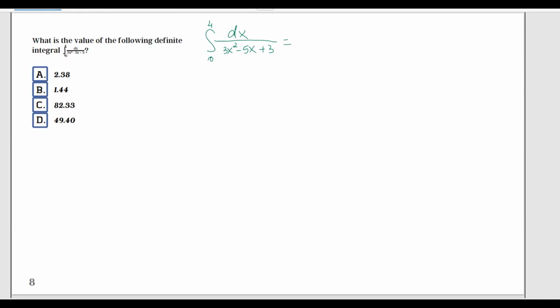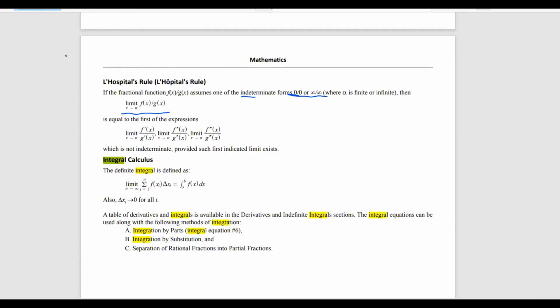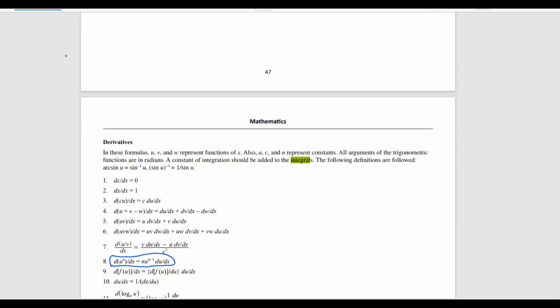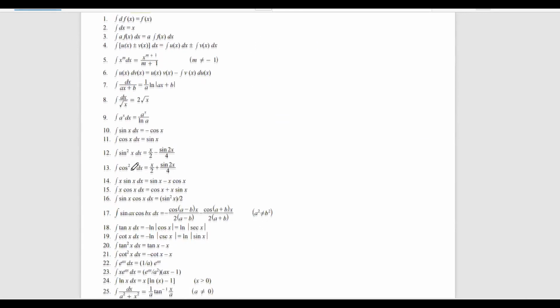Well, now I will go ahead in the FE handbook and check the integral formulas. We have a bunch of integral formulas. Here they are. And, oh, these are the derivatives. Next page is the indefinite integrals, and I'm going to go through them.